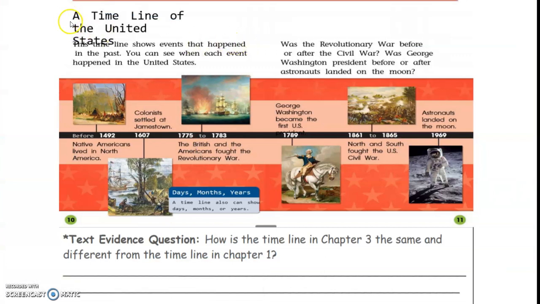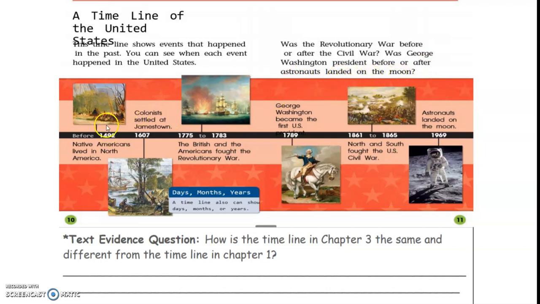Oh, Emma, you got help with your timeline. All right, we're going to keep reading. A timeline of the United States. This timeline shows events that happened in the past. You can see when each event happened in the United States. Was the Revolutionary War before or after the Civil War? Was George Washington president before or after astronauts landed on the moon?